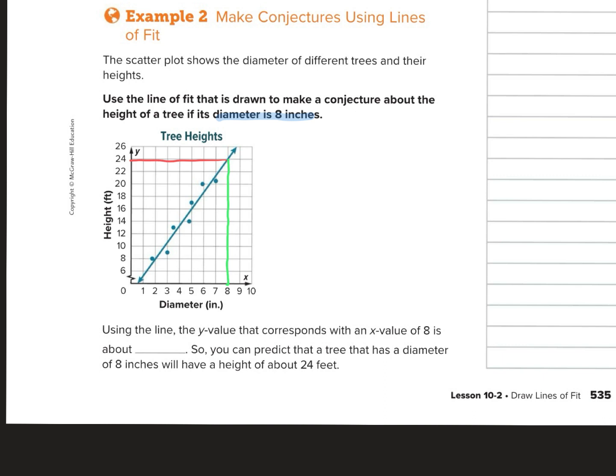So this tells me if I have a tree with a diameter of 8 inches, then I could expect a height of roughly 24 feet. Is it exactly 24? No, because I'm approximating with my line of fit. But I can make a pretty close prediction using this line of fit.